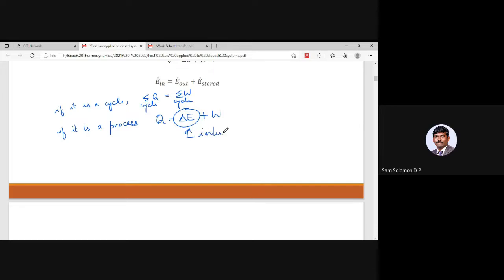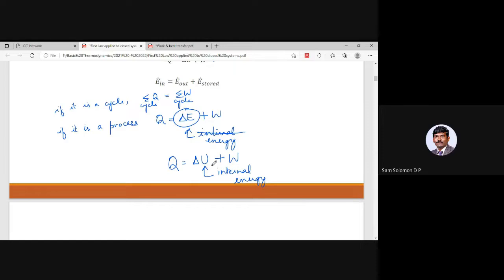Generally we call it energy. For a thermodynamic closed system, we will call it U, internal energy, and delta U will be called the change in internal energy.